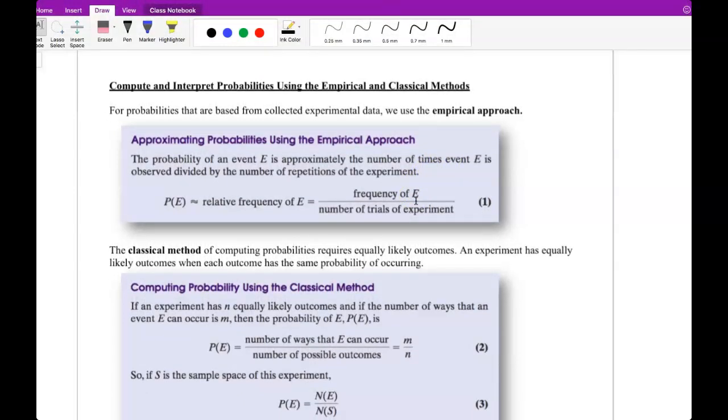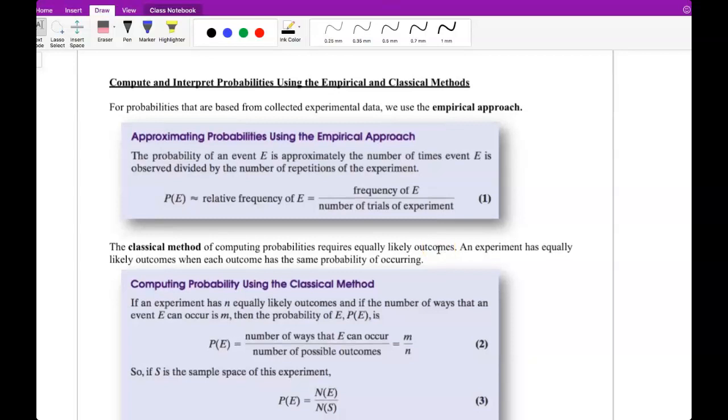Now in this part we should compute and interpret probabilities using the empirical and classical methods. The first one is using the empirical approach. What we have here is exactly the same as the previous chapters. If you remember, we had relative frequency, and that was based on our frequency for each event.